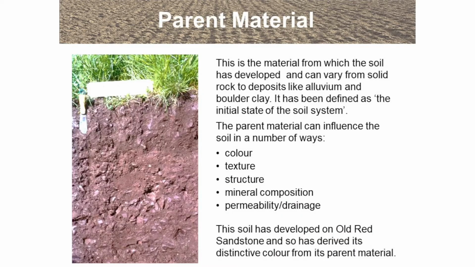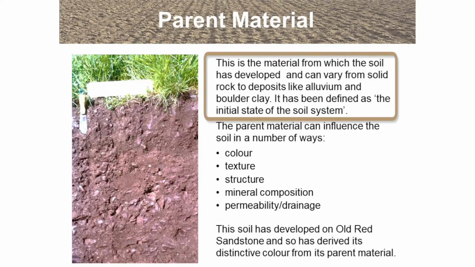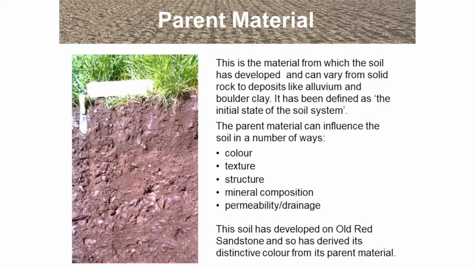If we first consider parent material, it is the material from which the soil has developed, and it can vary from solid rock, such as a granite, to looser deposits like alluvium and boulder clay. It has been defined as the initial state of the soil system by the great Swiss soil scientist Hans Jenny in 1941.